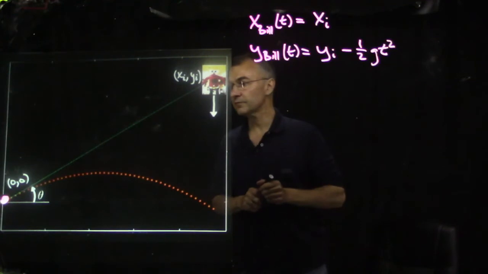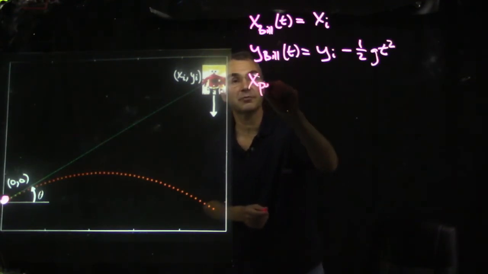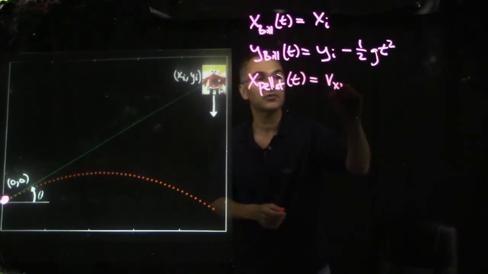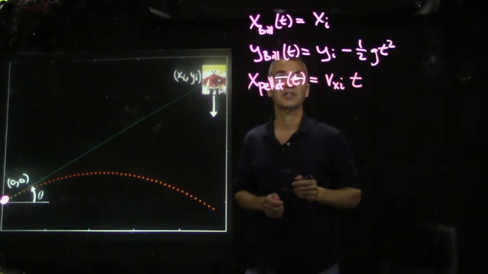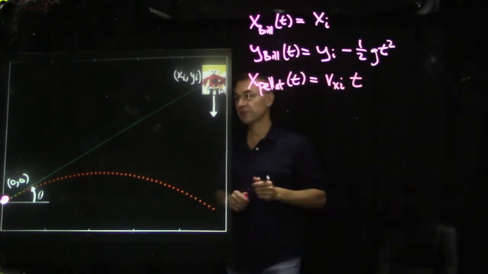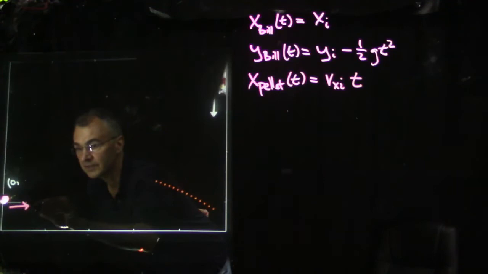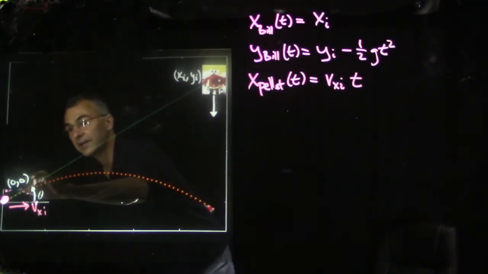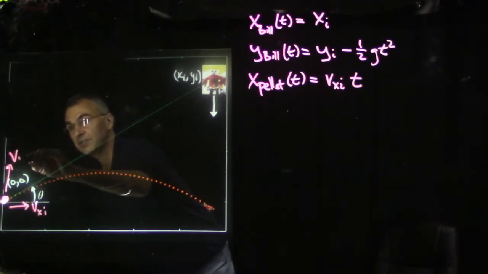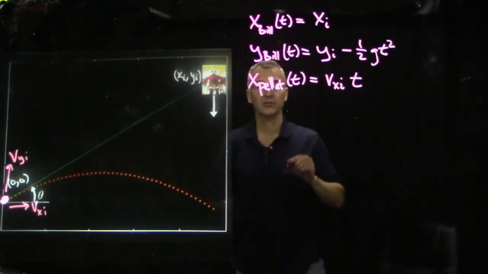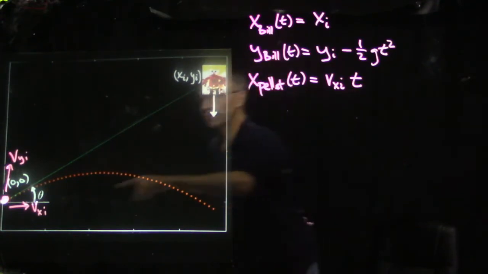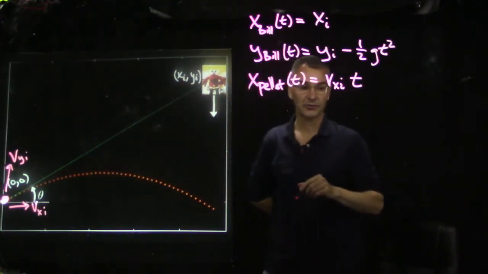Meanwhile, we have x of the pellet versus time is Vx initial times t. So the pellet has some initial velocity, Vx initial, and then the pellet also has some vertical velocity, Vy initial. So this is Vx initial t plus 0, because at time 0, the pellet is at x equals 0, y equals 0.